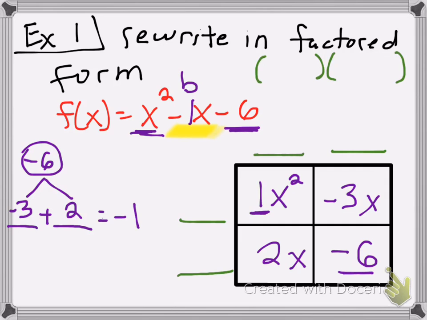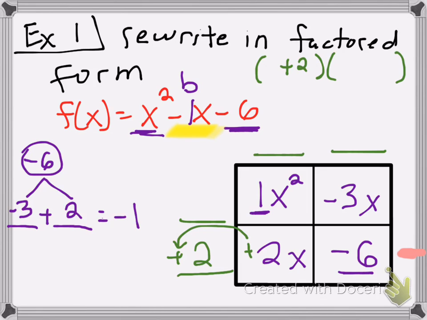Well, let's find the greatest common factor along the bottom row. Greatest common factor of 2 and 6 is 2. The sign closest to that answer, that's the sign that goes with it. I'm going to go ahead and put plus 2 right here.